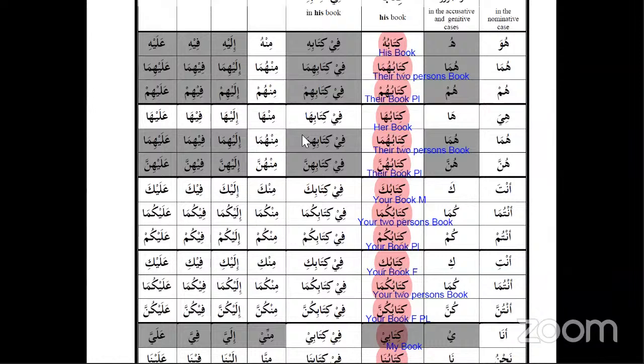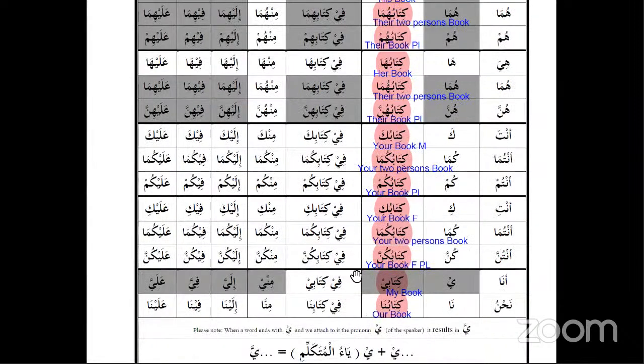Fi kitabikuma, in your book for two males. Fi kitabikum, in your book for plural. Fi kitabiki, in your book for one female. Fi kitabikuma, in your book for two females, tasniya. Fi kitabikunna, in your book for female plural. Fi kitabi, in my book. Fi kitabina, in our book.